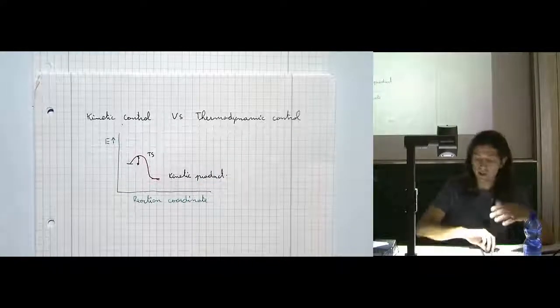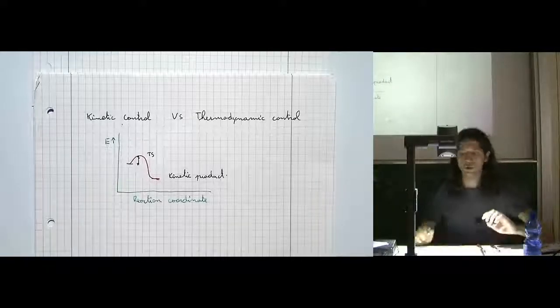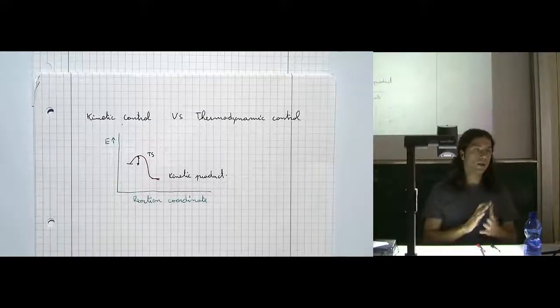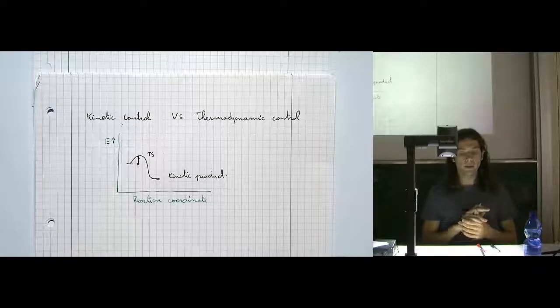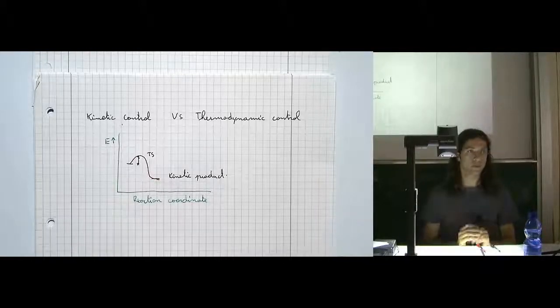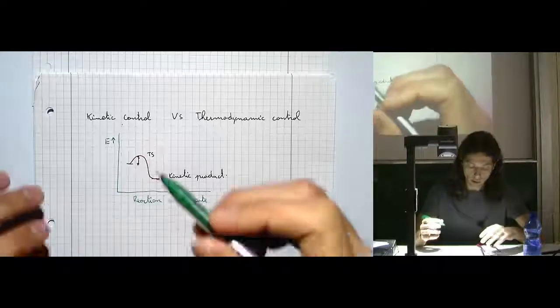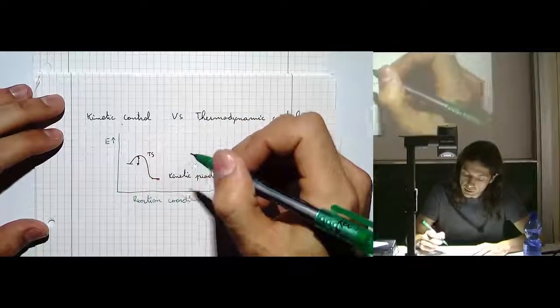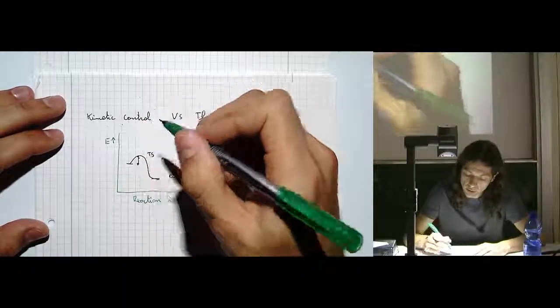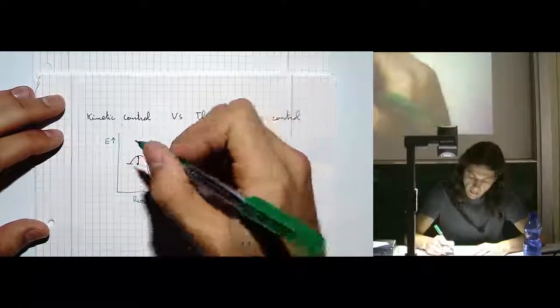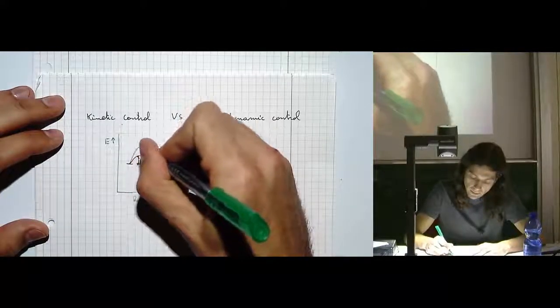On the other hand, the thermodynamic control of the reaction is a process that takes place through the highest activation energy, but however gives rise to the most stable product. So if we draw now the energy of the process against the reaction coordinate, we would have something like this.